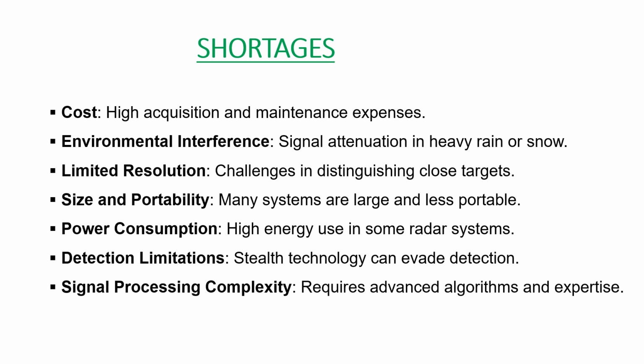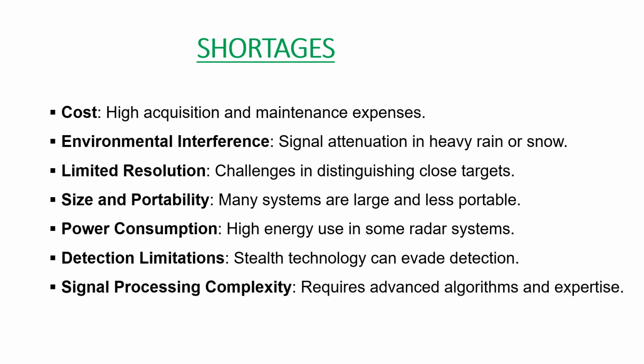So with the lot of advantages radar has, it has many shortcomings also. Like the cost is very high, and acquisition and maintenance expenses would be very costly. Again, the environmental interference, which we have already discussed in noise, can intervene in your signal, with attenuation in heavy rain or snow.